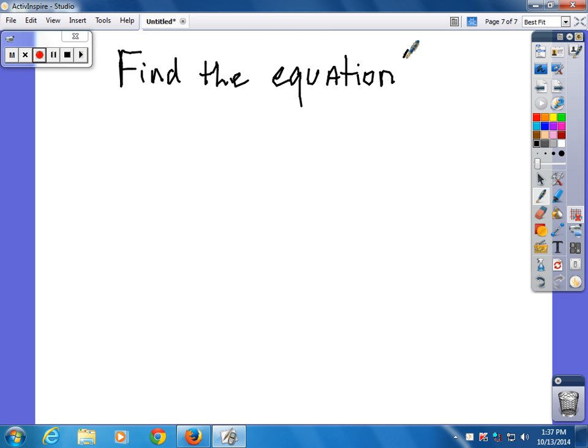Now when you see the words find an equation or find the equation, you're going to use the point slope equation.